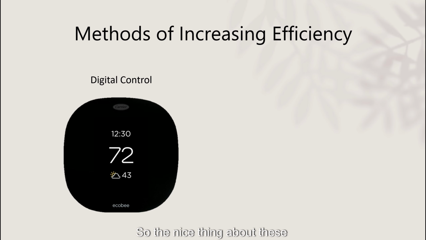So the nice thing about these smart thermostats is they're looking at not only just your temperature, but they're looking at your home, how it's performing. We have so many different data points. Believe it or not, in these units, first off, there's actually a little infrared sensor that's built into them right at the bottom left corner here. And what it's doing is it's actually sensing to see if people are walking past the thermostat.